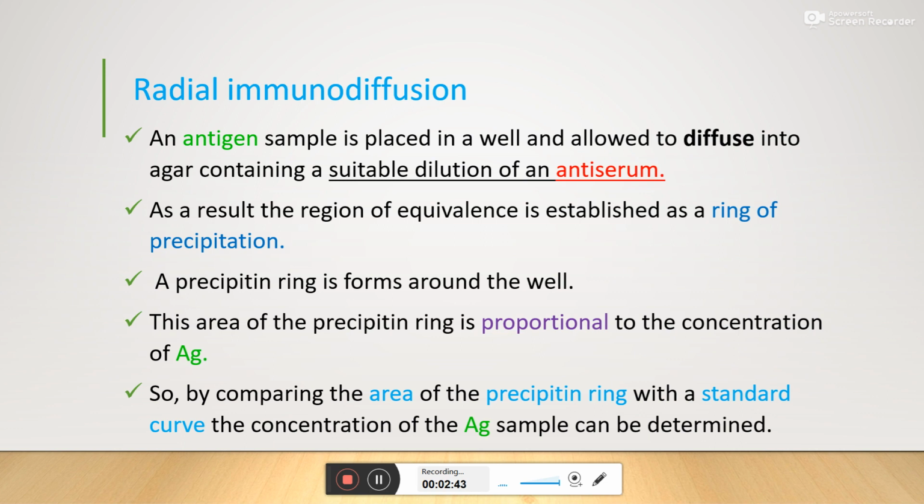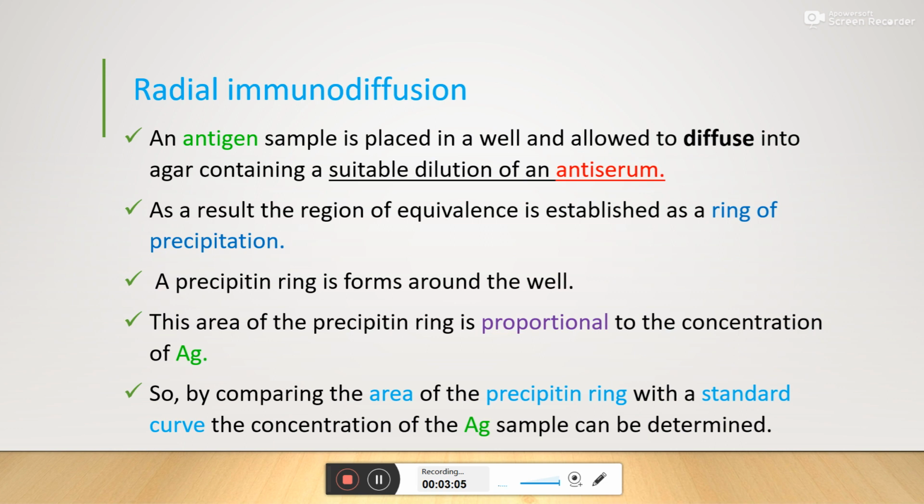Now coming to radial immunodiffusion. Here the diffusion takes place in radial form, where the antibody is incorporated in the agar matrix and the antigen is added into the central well.